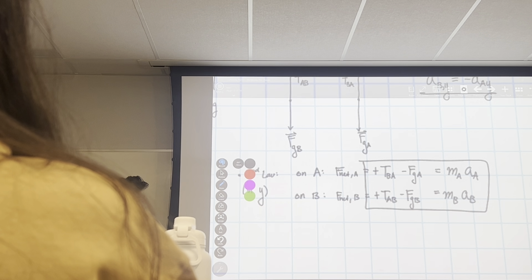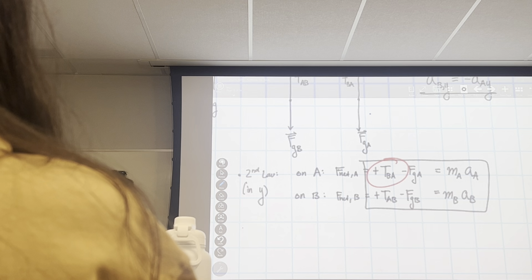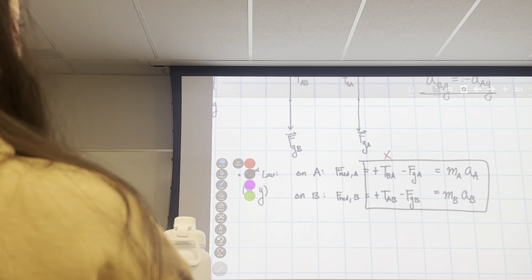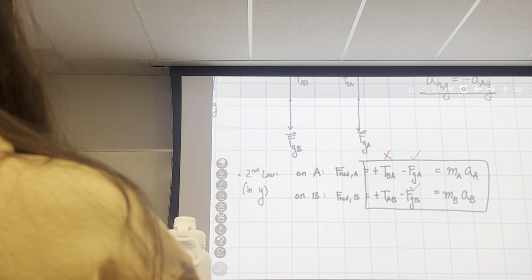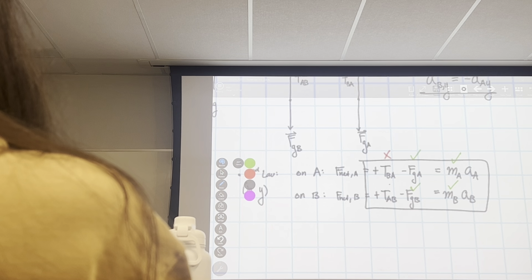We just need to assess, do we know each and every single parameter? Do we know the tension? We don't know what this tension value is. Do we know the force of gravity? Well, we have the mass, so we know the different forces. Likewise, we know these masses. We don't know this tension.